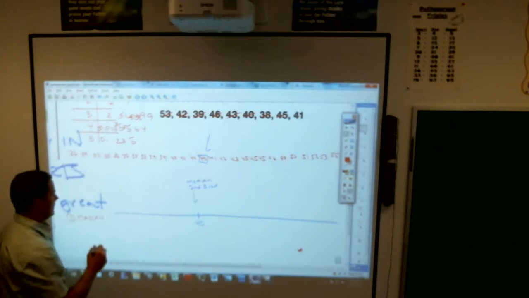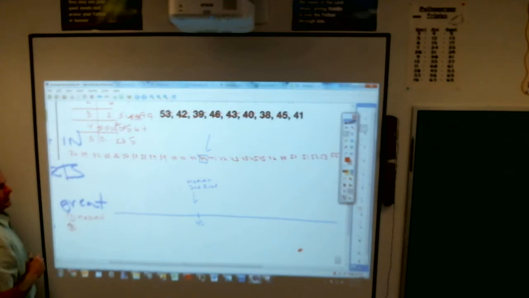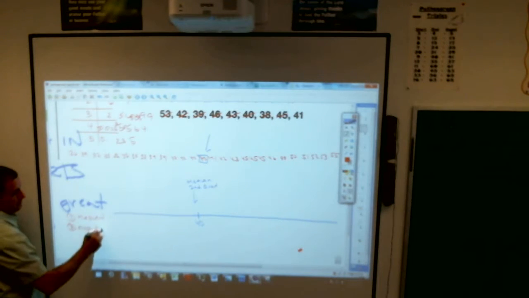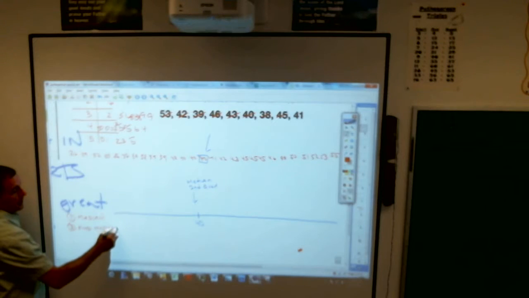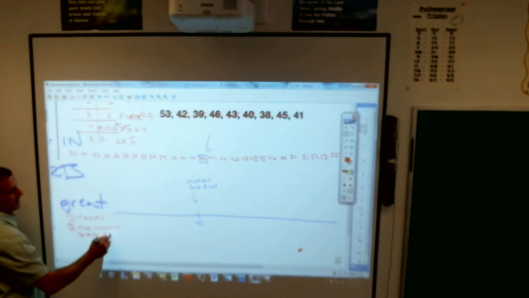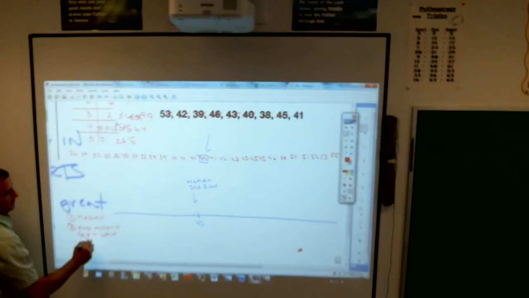Once you find the median, you need to find the median of the first half of the numbers, of all the numbers to the left of the median.